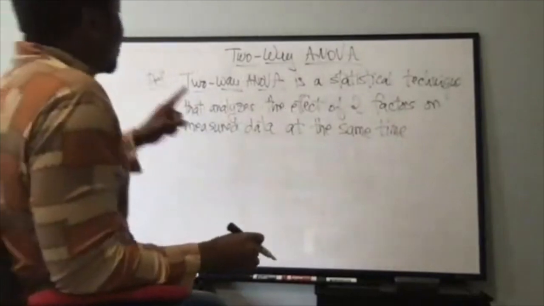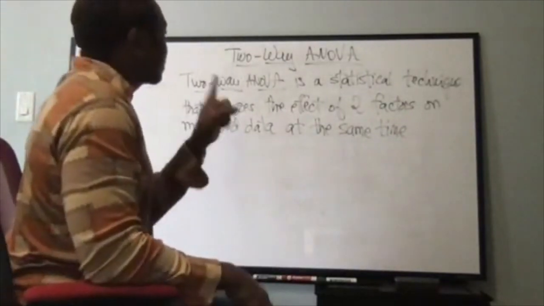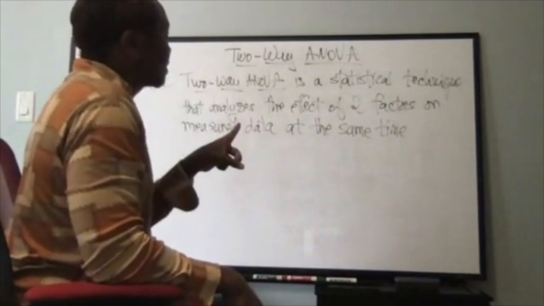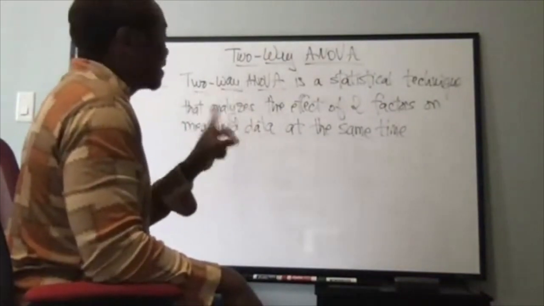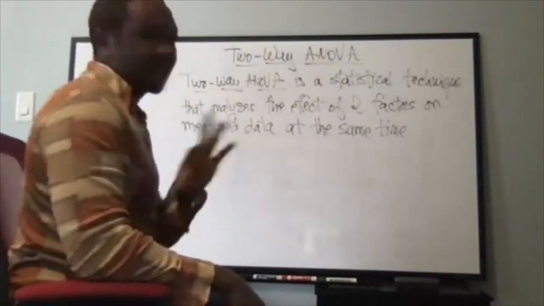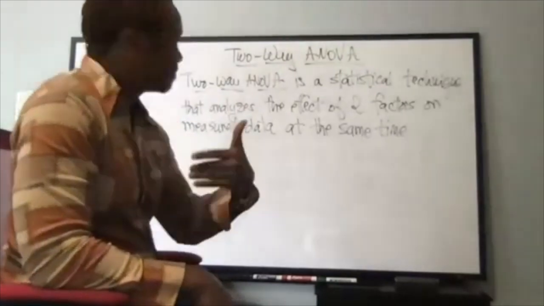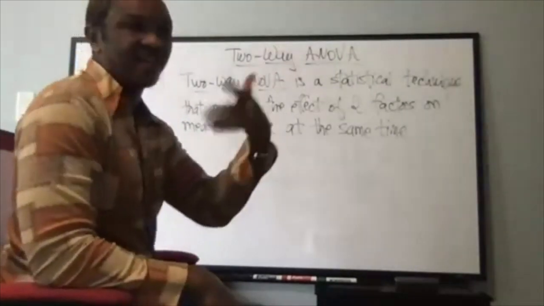Okay? So two-way ANOVA is a statistical technique that analyzes the effect of two factors on measured data at the same time. Quite clearly, one-way ANOVA was looking at just the effect of one factor.